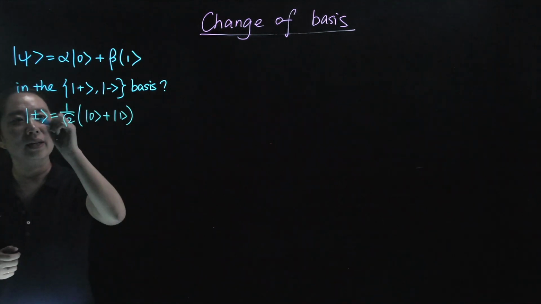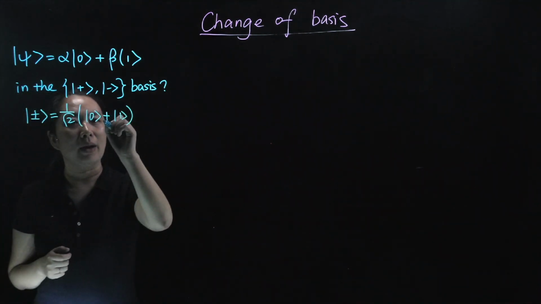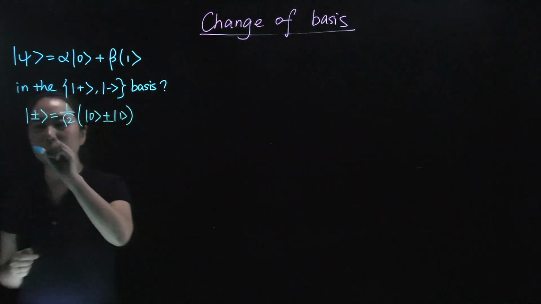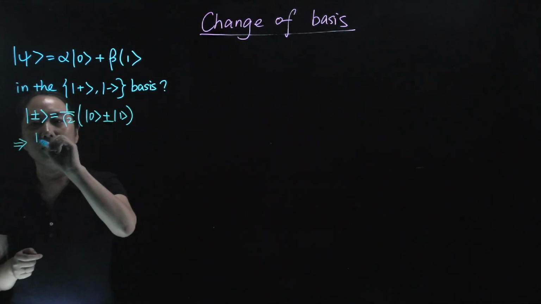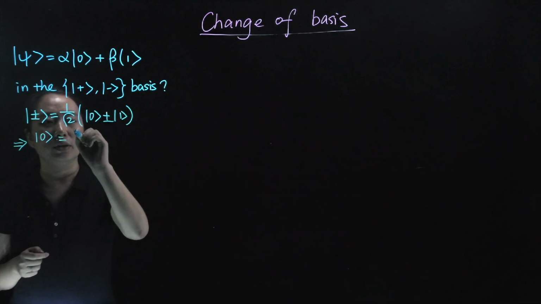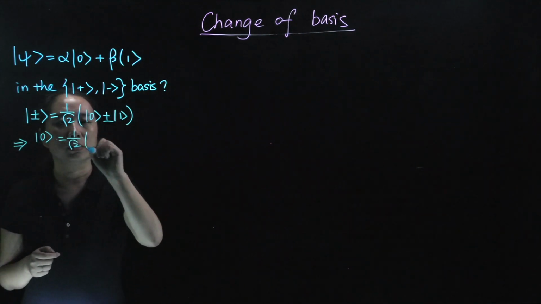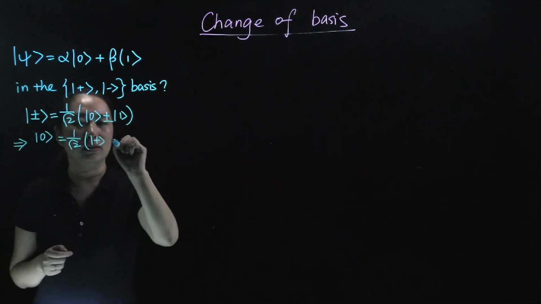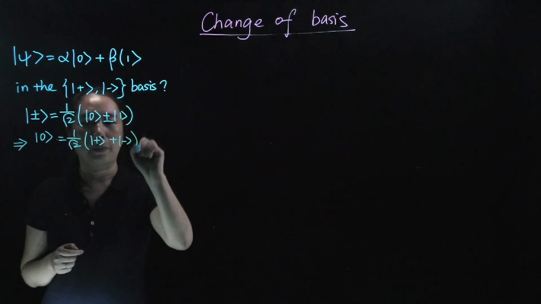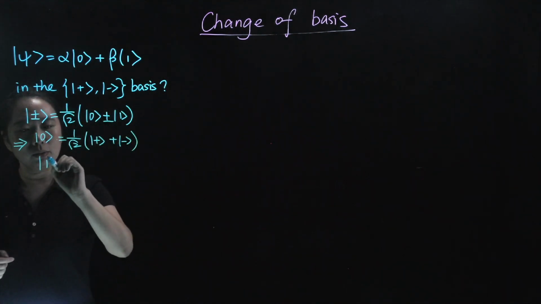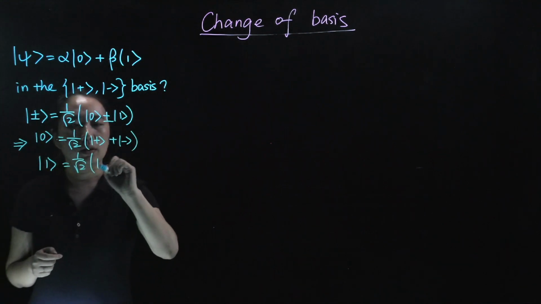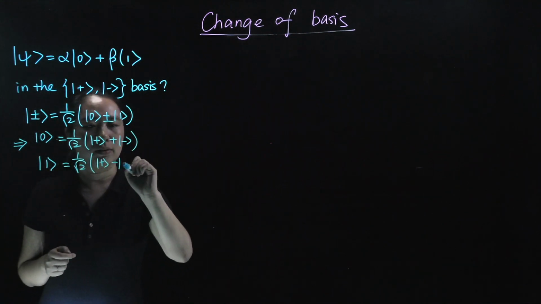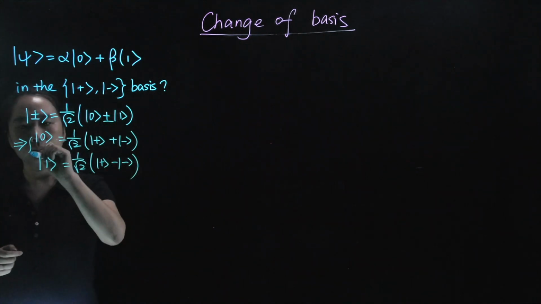And the minus state is 1 over square root 2, 0 minus 1. From this, we can work out that the 0 state is actually 1 over square root 2, plus state plus minus state. And the 1 state is 1 over square root 2, plus state minus minus state.